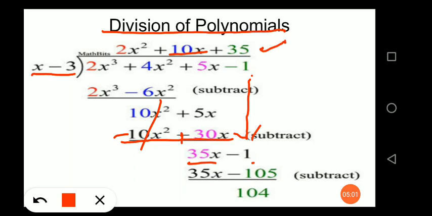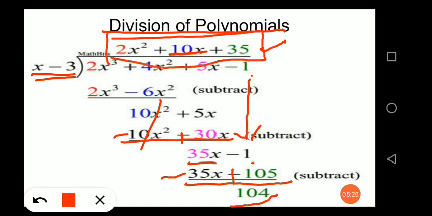That will be the third term of the quotient. And when we multiply x minus 3 by 35, we will get 35x minus 105. Again subtraction, the sign will be changed and here we will get 104. So this is our quotient and 104 is our remainder.